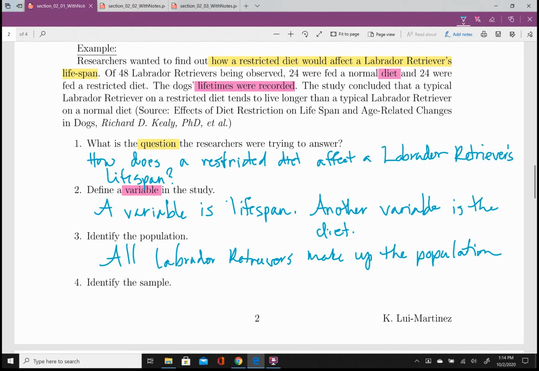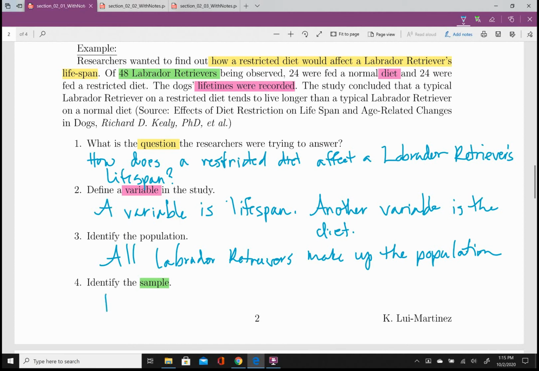Now, the sample, we'll do that in another color, green highlighter. They gave us an indication of the sample, right? And it's going to be the 48 Labrador retrievers in the study, okay?